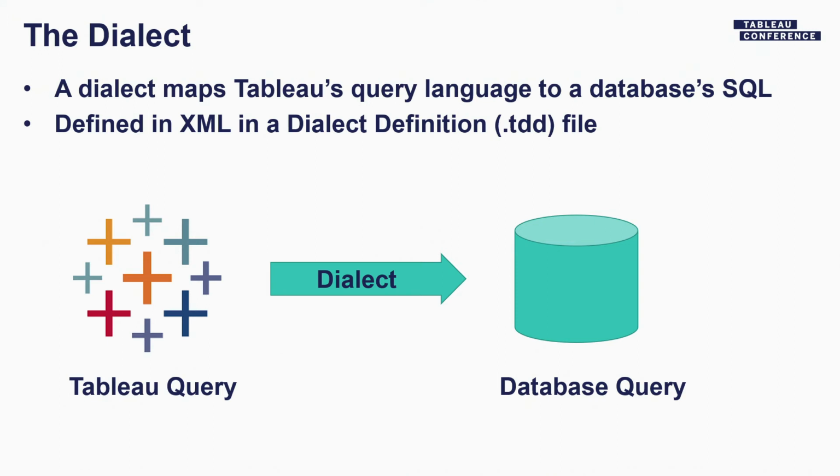So what the dialect does is it translates, it maps all of the Tableau functions to functions that your database will understand. It is defined in XML, and if you look at the sample folder and you see the full dialect, it is a little bit overwhelming. There is a lot of functions that Tableau defines.